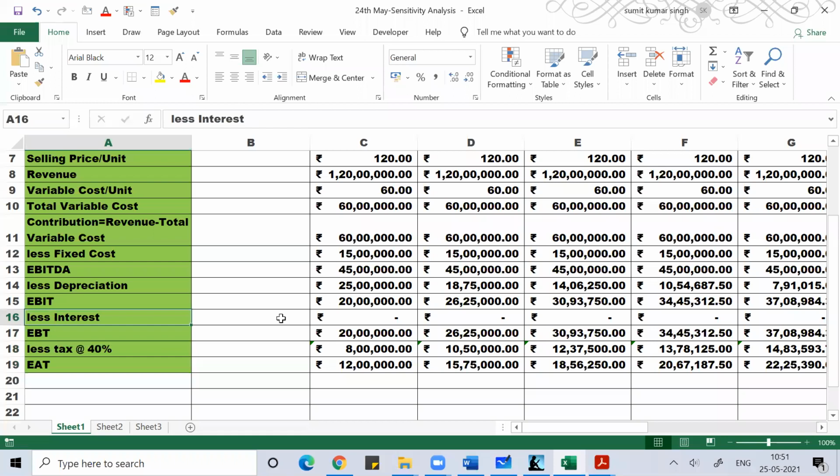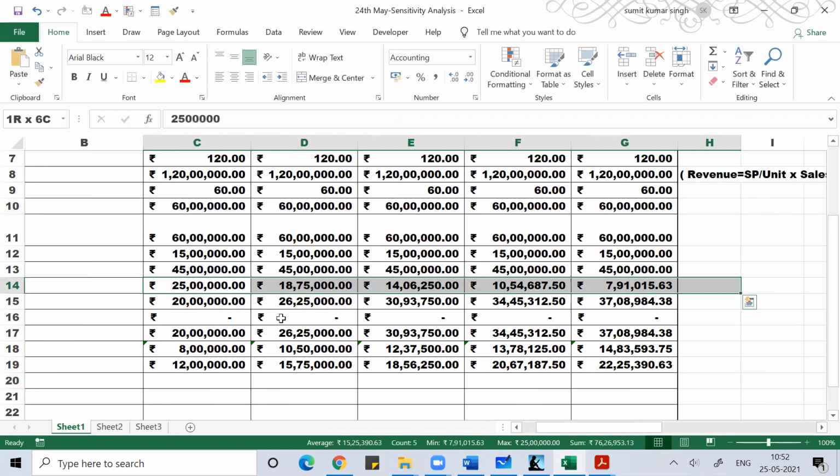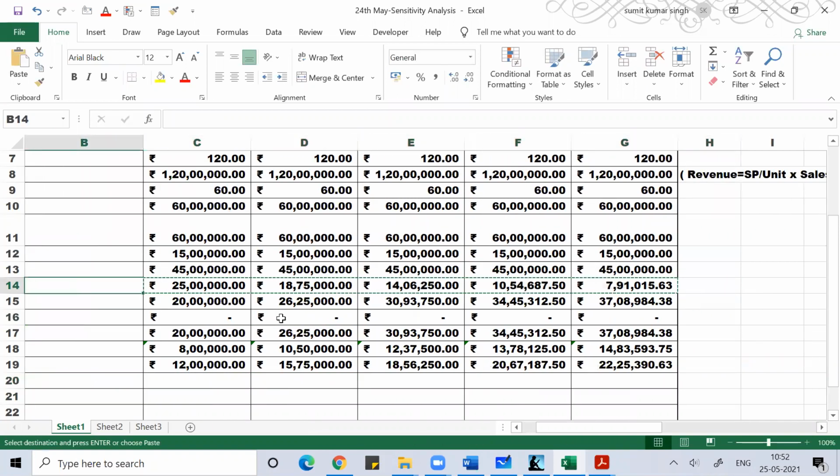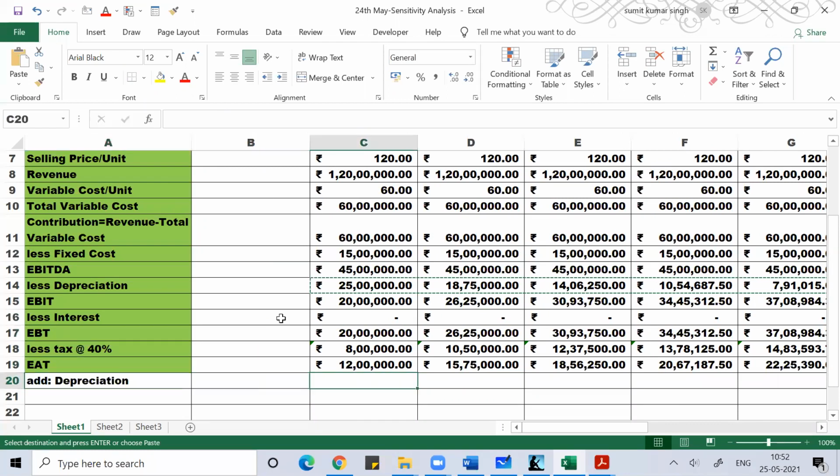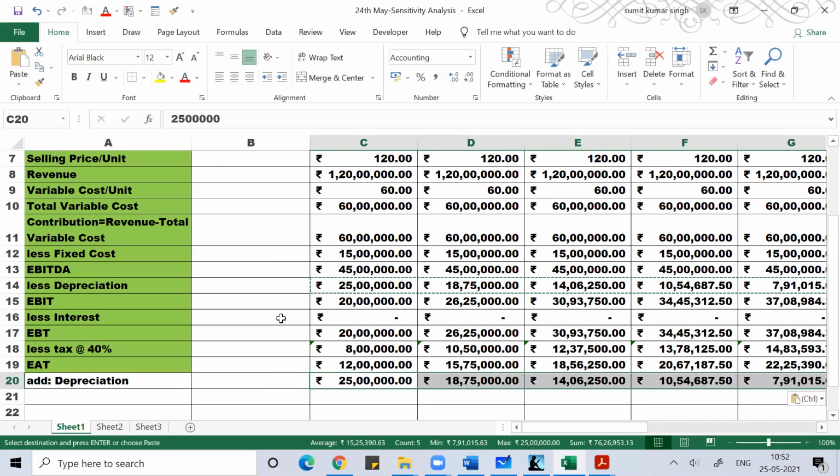So here I'll try to determine the operating cash flow. How will I determine the operating cash flow? I'll determine it by adding depreciation to my profit after tax. The same depreciation which I subtracted before the payment of tax, I'll add here. Why are you adding it here?